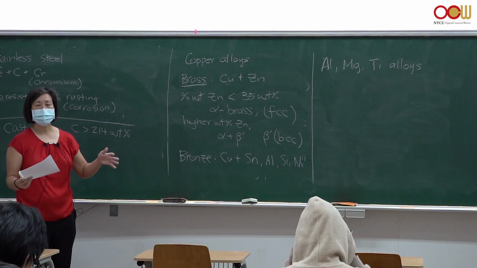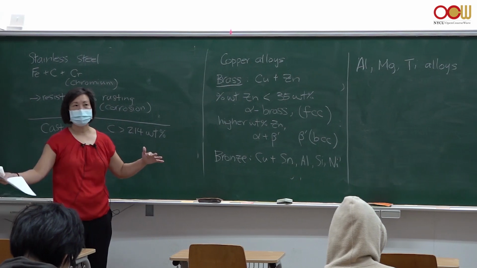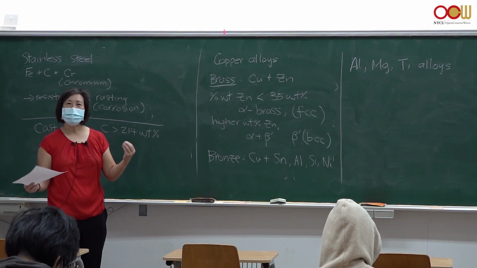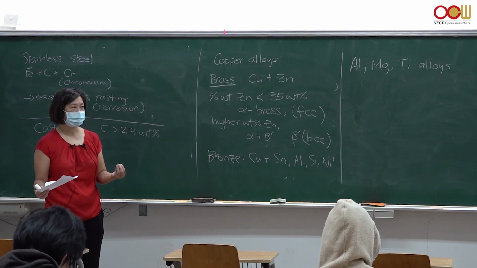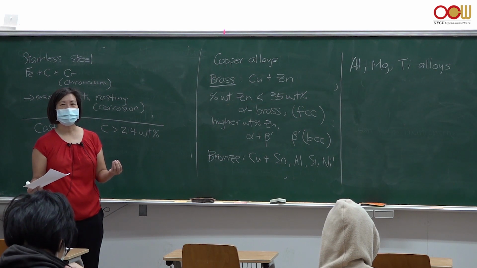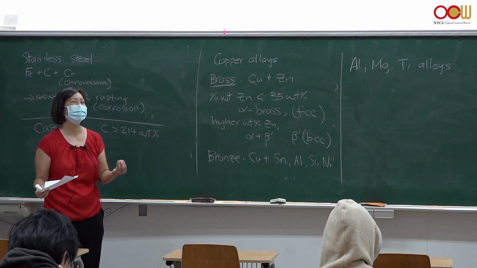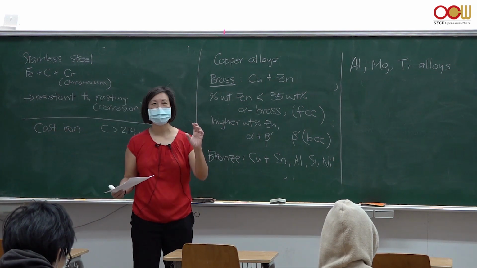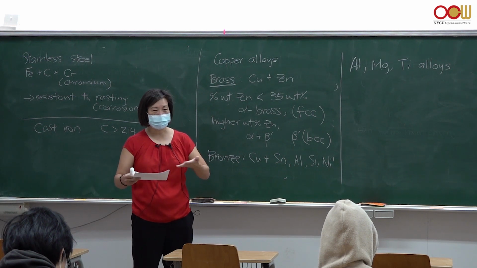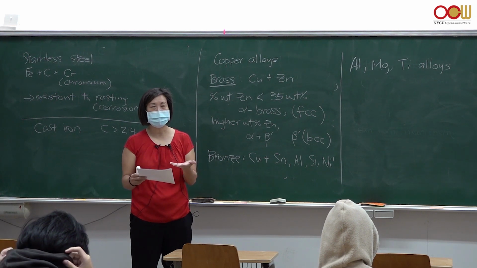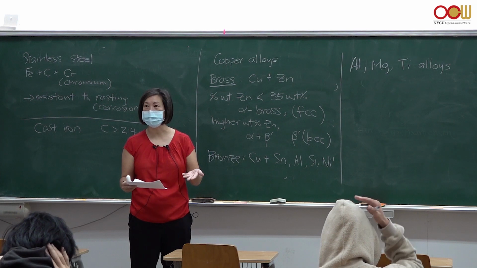They usually form some sort of oxide layer that can protect the rest of the material. So the metal aluminum is extraordinarily corrosion resistant, and the reason is because it corrodes very easily. So it forms an oxide layer really fast, and that oxide layer is very, very compact, so it doesn't allow any oxygen to go through.